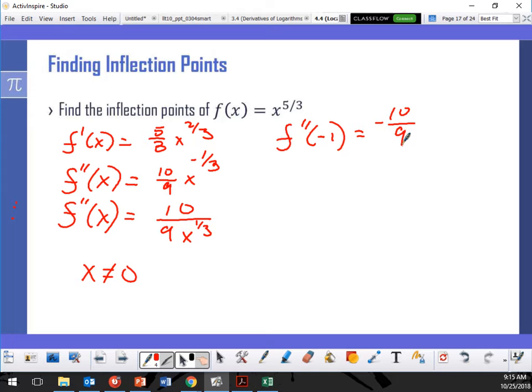What's my concavity? It's negative, down. Okay. So let's plug into the right-hand side. F double prime of 1 is going to be positive 10 over 9. That's going to be up. So, is there a change in concavity? Yes, so that means that 0 is a point of inflection. So my inflection point is going to be at (0, 0).